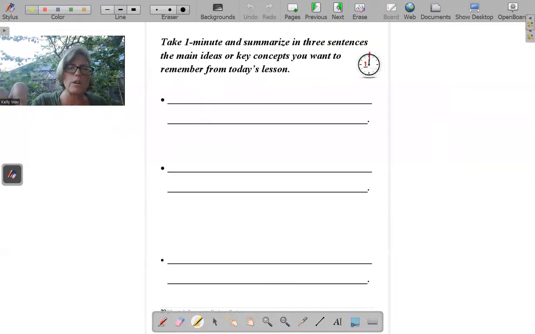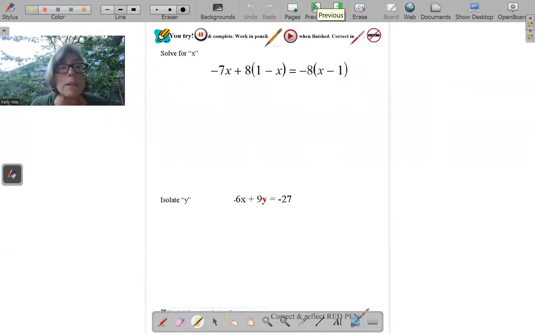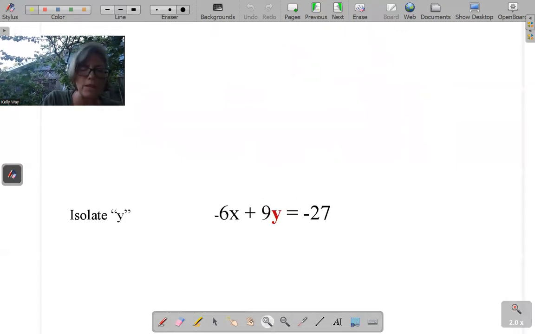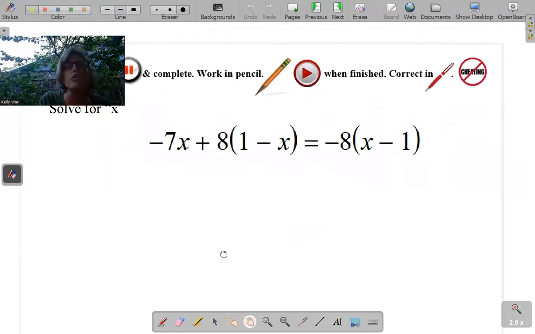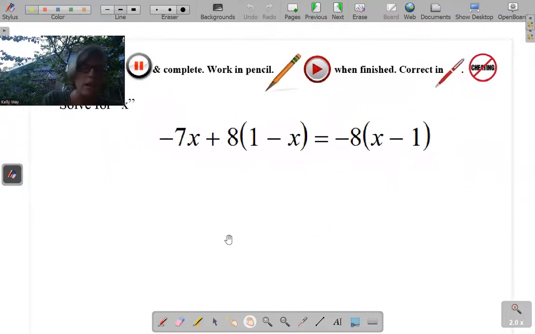Your job is to do this page completely on your own, then get your red pen and restart the video. Pause. Welcome back. At this, if you want to speed up the time of the video because you're just correcting, that's fine. If you want a slower explanation, keep me in real time.